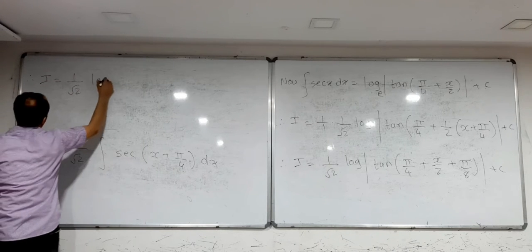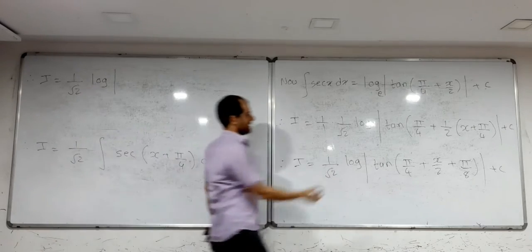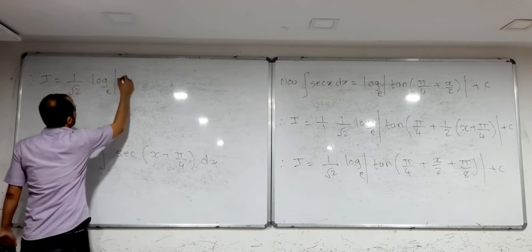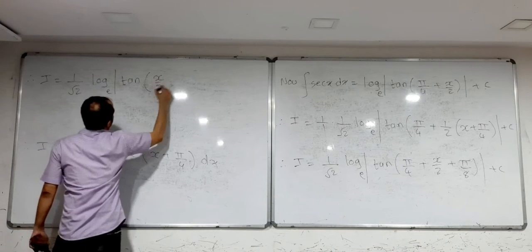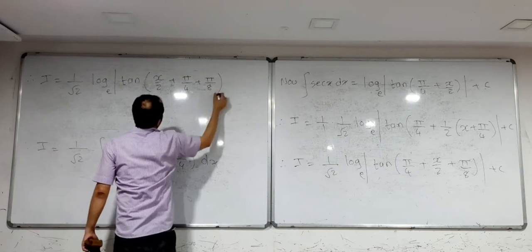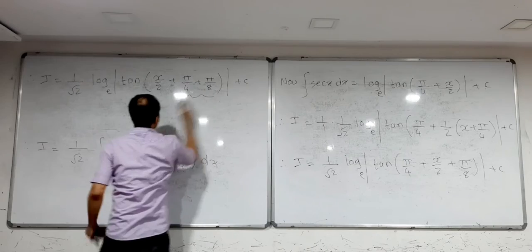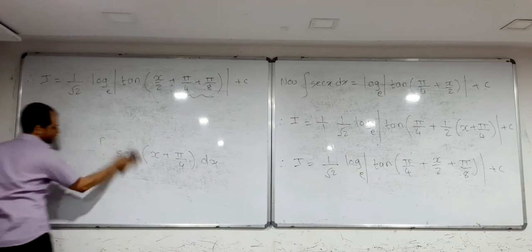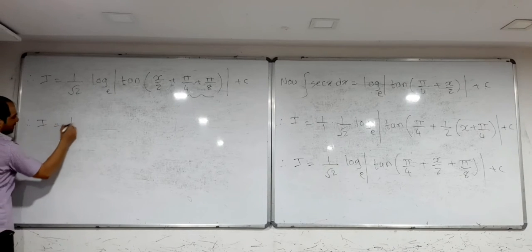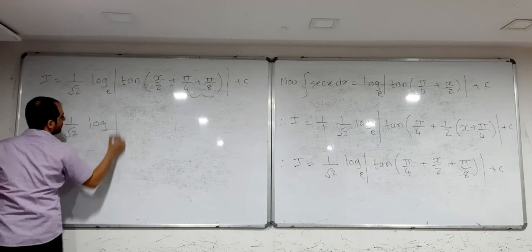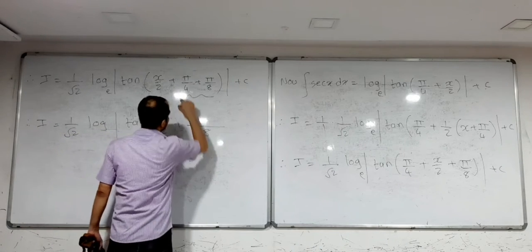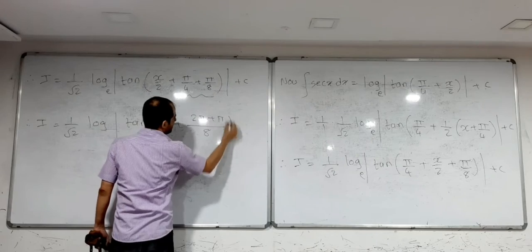So I is 1 by root 2 into log of mod of, and here you write to the base e, tan of x by 2 plus pi by 4 plus pi by 8 plus c. Add these two: what is the LCM of 4 and 8? It is 8, so I is 1 by root 2 into log of mod of tan of x by 2 plus 2 pi plus pi, plus c.